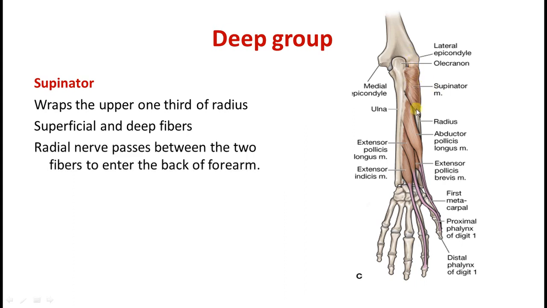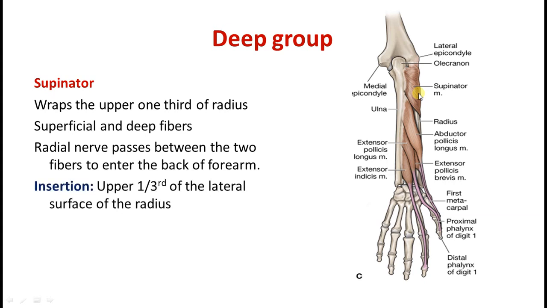The radial nerve passes between the superficial and deep fibers, and after passing it gives an additional branch to the supinator muscle. The insertion is into the shaft of the lateral surface of the radius. The supinator muscle also forms the floor of the cubital fossa. It mainly brings about supination in an extended elbow.